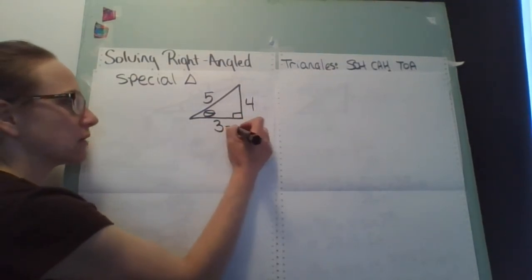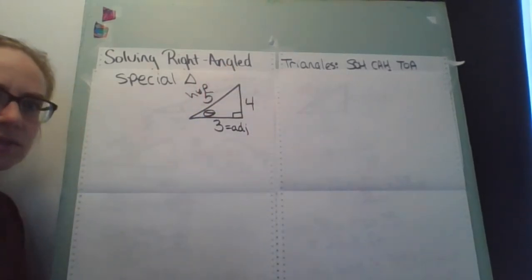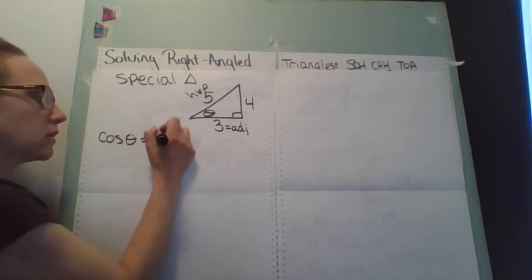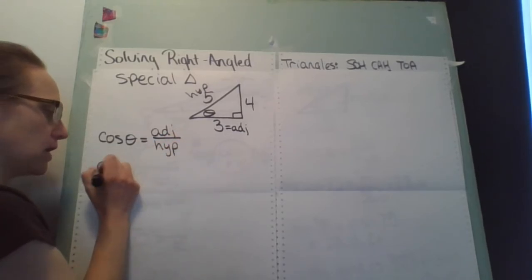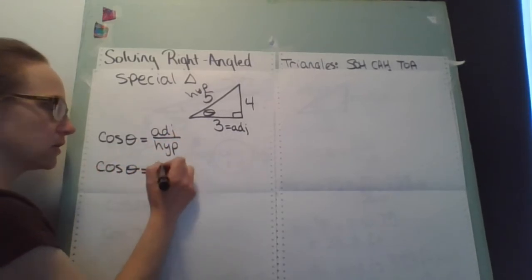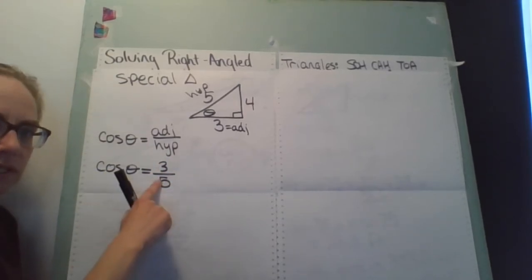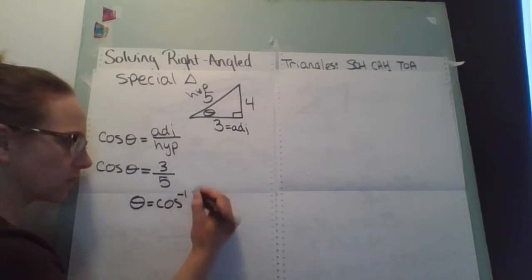So, there's my angle. That means this is adjacent, and this is hypotenuse. So, let's use cos first. Adjacent over hypotenuse. And I want to solve for my angle. So, adjacent is 3, hypotenuse is 5. Remember to bring the cos to the other side to get the angle by itself. I need to do the cos inverse.